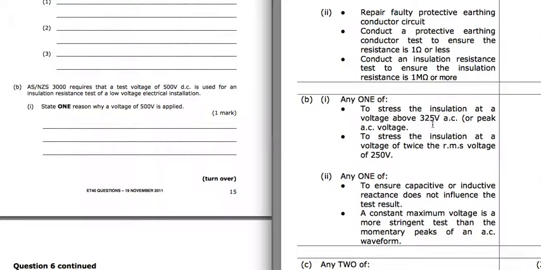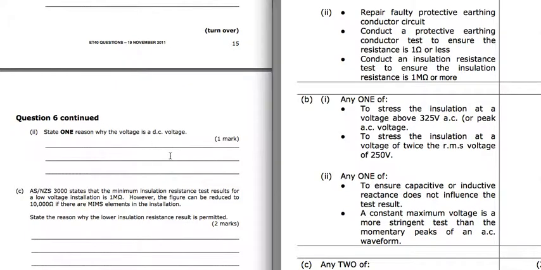Now the peak of AC is about 325 volts, which is that 230 divided by 0.707. We're going to stress the insulation at a voltage twice the RMS voltage of 250. So RMS is 250, 325 is peak. So as long as you say about stressing it and quote either of those, that is the correct answer.